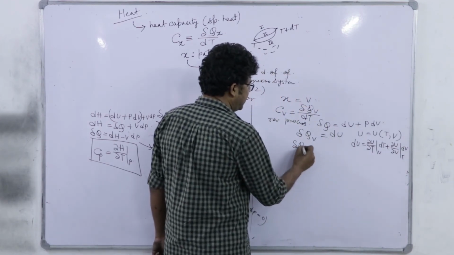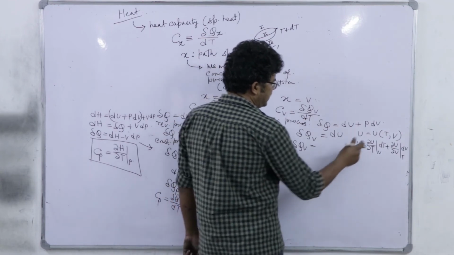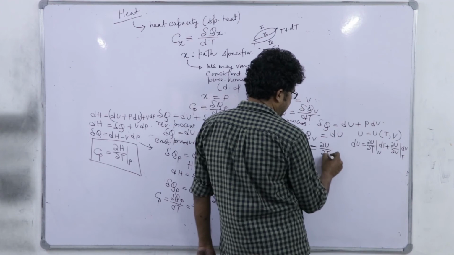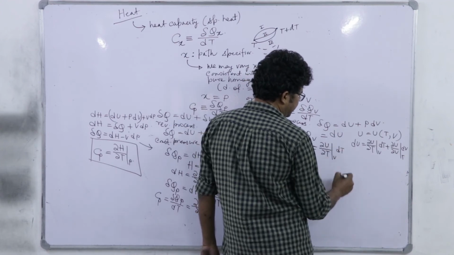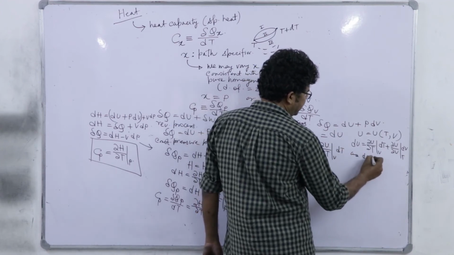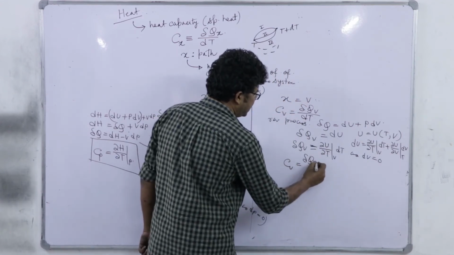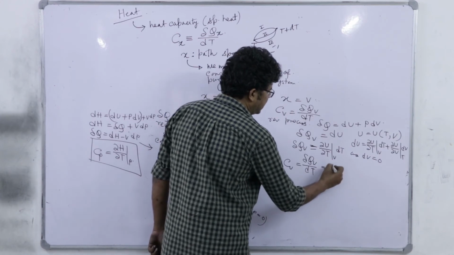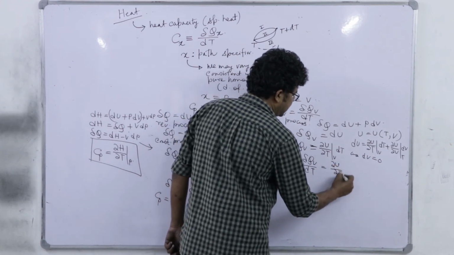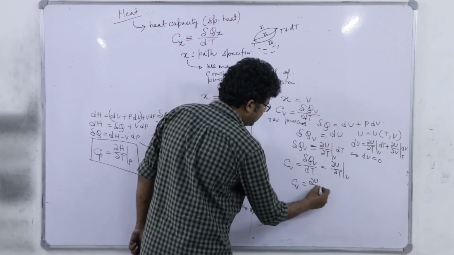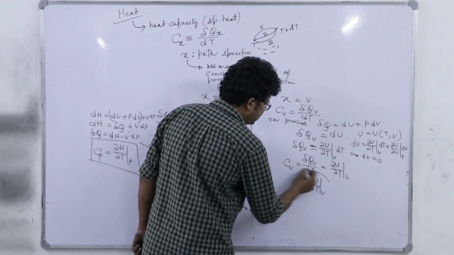So delQv is equal to (∂U/∂T) at constant V dT, as dV equals 0. So Cv, delQv/dT, is equal to (∂U/∂T) at constant V. So Cv finally becomes (∂U/∂T) at constant V.